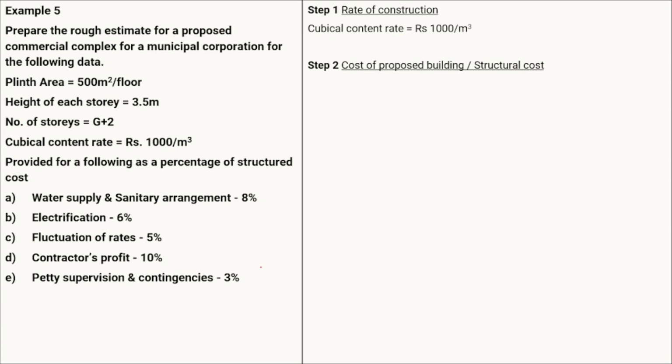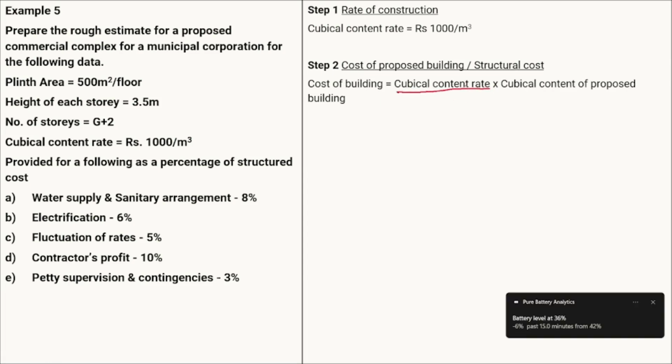Step 2 is the structural cost of the proposed building, which equals the cubical content rate multiplied by the cubical content of the proposed building. We have the cubical content rate as rupees 1000 per meter cube.